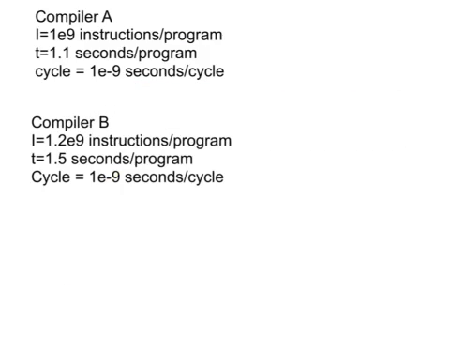Okay, we're going to do a problem. I'm doing problem 1.7 on page 56. It says, assume that for a program, compiler A results in a dynamic instruction count of 1 times 10 to the 9th and has an execution time of 1.1 seconds, while compiler B results in a dynamic instruction count of 1.2 times 10 to the 9th and has an execution time of 1.5 seconds.